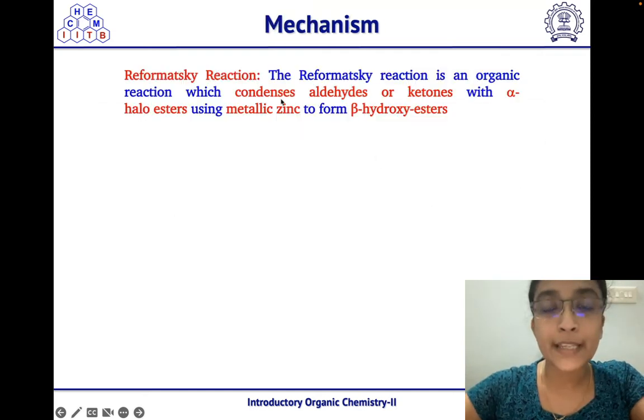The Reformatsky reaction is an organic reaction which condenses aldehydes or ketones with alpha haloesters using metallic zinc to form beta hydroxy esters. So this is the definition of the Reformatsky reaction.